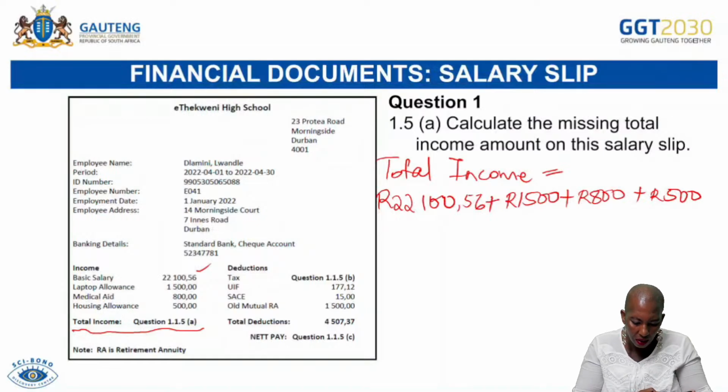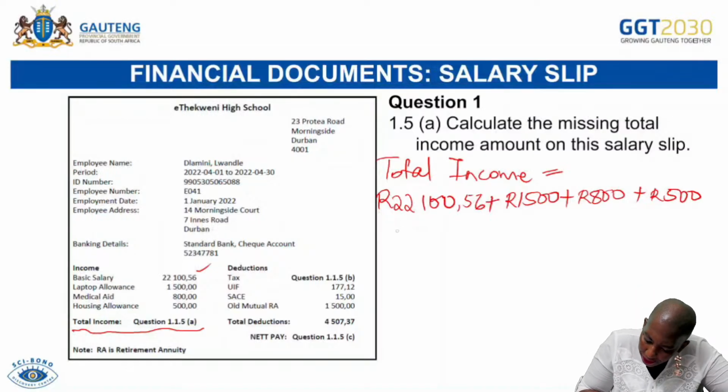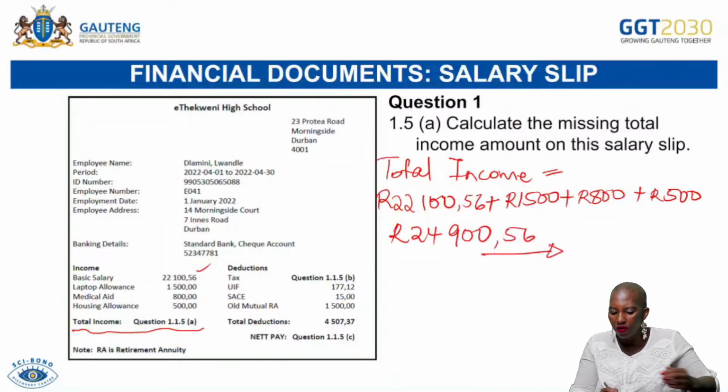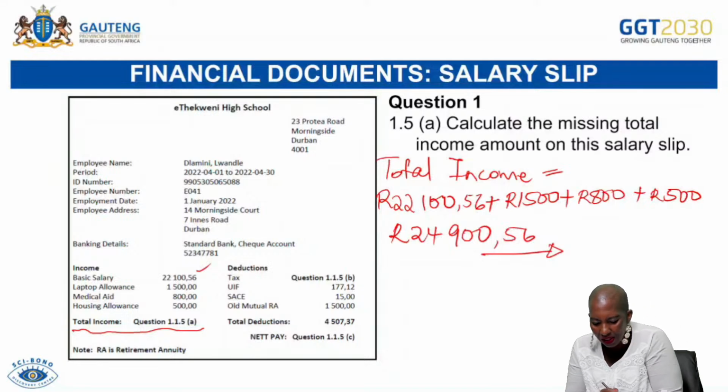So now our total income will be 22,156 rand plus 1,500 plus 800 plus 500 rand. So all in all, the total income will be 24,956 rand.